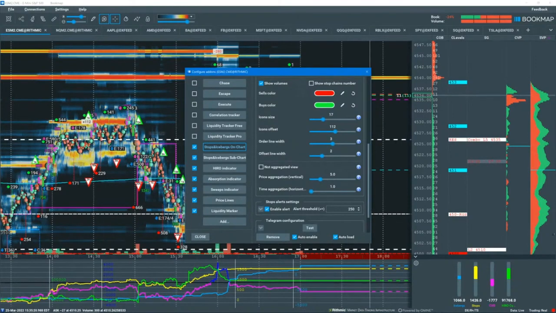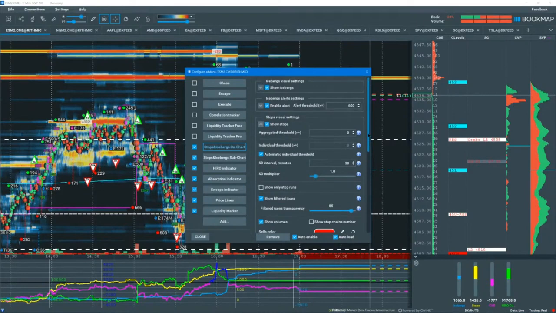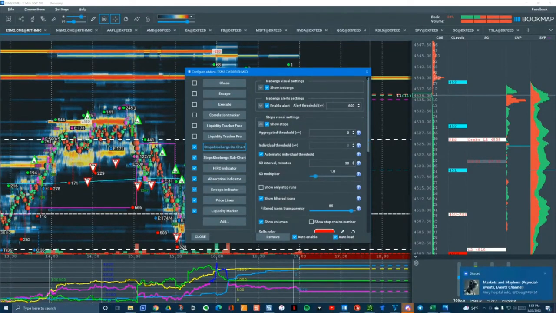You may have to search back a few weeks, but I find that stops always influence price, and the number will change from day to day, and from time of day. So that's why I use the automatic threshold. Sometimes it could be 200 stops in ES that are influencing price, sometimes it could be 1,000. So I don't have any specific number. Yeah, it makes sense. Different times of day, different days, different volatility.